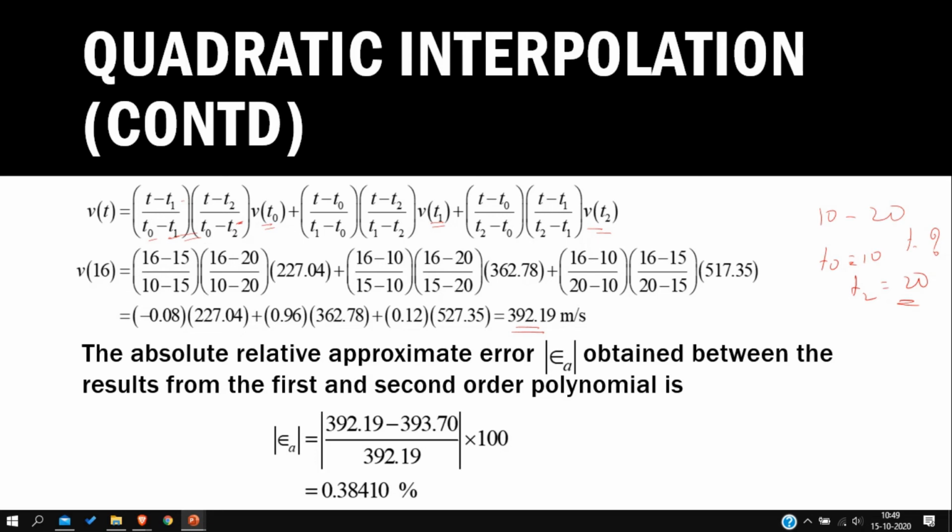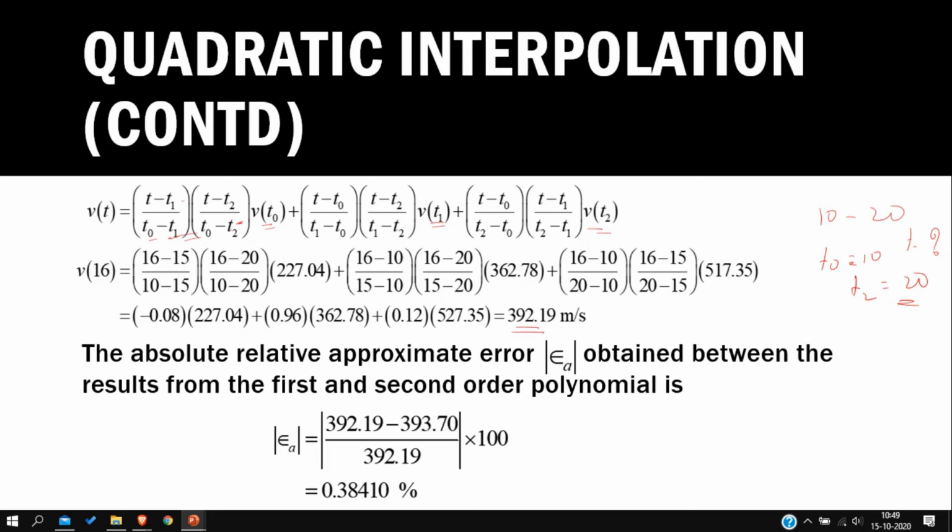Okay, I hope you got the same answer as 392.19 or 392.2. Now we calculate the absolute relative approximate error obtained between the results from the first and second order polynomial. Which will be the closer one?